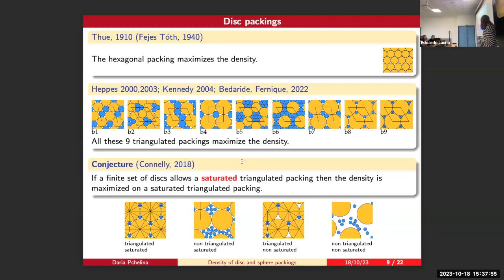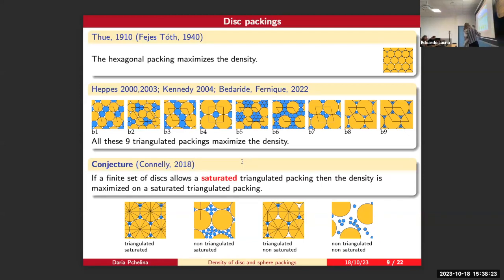The last packing here is neither triangulated nor saturated, because we can add a blue disk here, here, here, everywhere. From now on, we are only interested in saturated packings, because inserting more disks in a packing doesn't decrease the density, and we are trying to find densest packings, right?